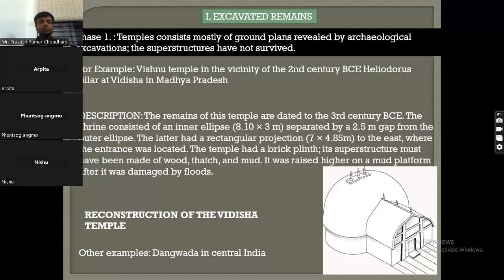The temple had a big plinth. This plinth is evident in the archaeological excavation, and its superstructure must have been made of wood, thatch, and mud.